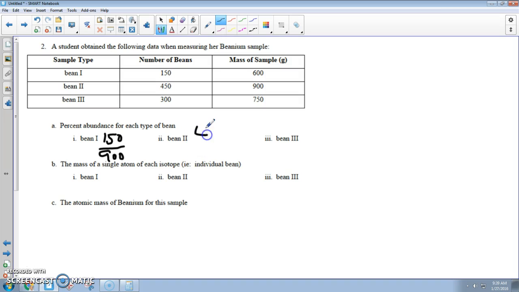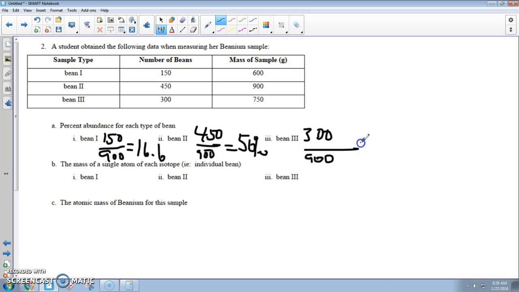Bean number 2 is 450 over 900. This is 50%. That one's easy. And bean number 3 is 300 over 900, which is 33%.